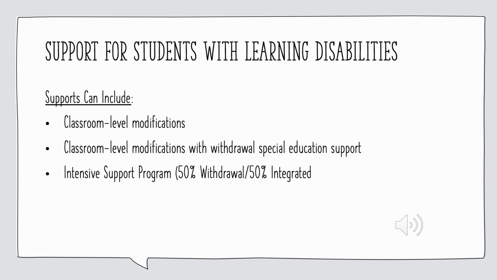With an IPRC placement of regular classroom with withdrawal assistance, a child can receive support by the classroom teacher via a modified program and/or via a support program developed by the special education teacher, usually in the areas of language and/or mathematics. If more intensive support is required, our school board also has a learning disabled intensive support program available.